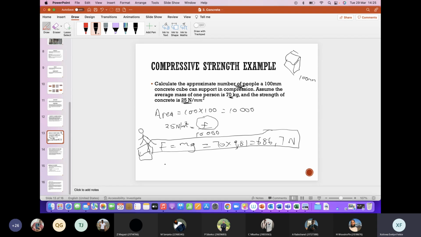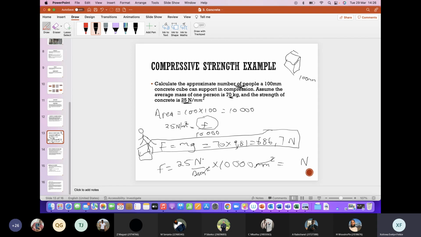That's where you'll say force equals 25 times 10,000, right? Because here, let's do it like that so that you understand fully. If here you have newtons over millimeters squared times 10,000 millimeters squared, this will cancel that, and the answer that you're going to get here is going to be in newtons.